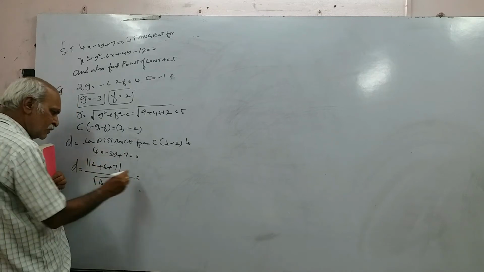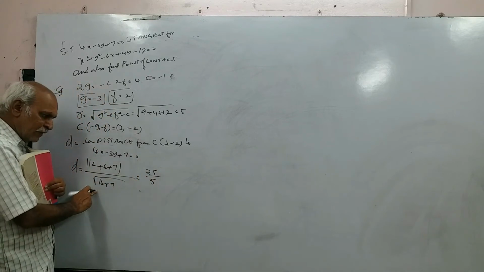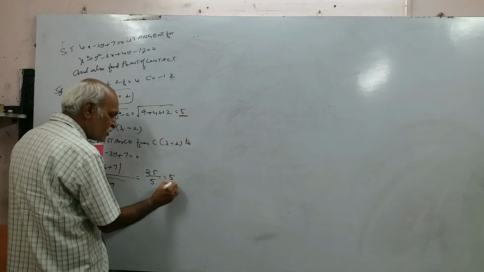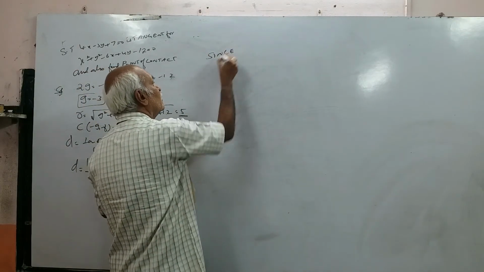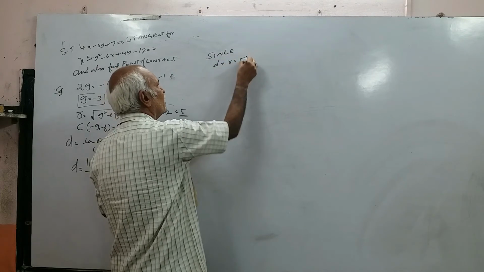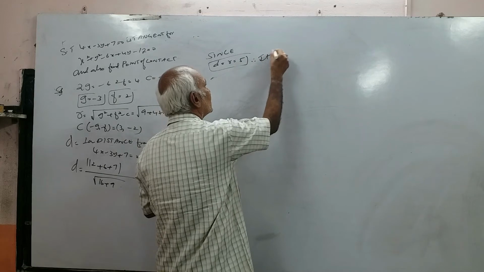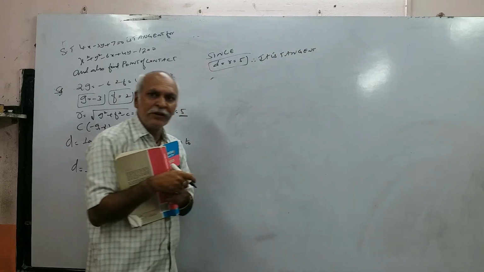So how much we get? 25 by 5, because square root of 25 will come. So this is how much? 5. Now what is the radius we got? 5. What is the d we got? 5. Since d is equal to r is equal to 5, therefore it is tangent. So first part is over. We have proved it is a tangent.